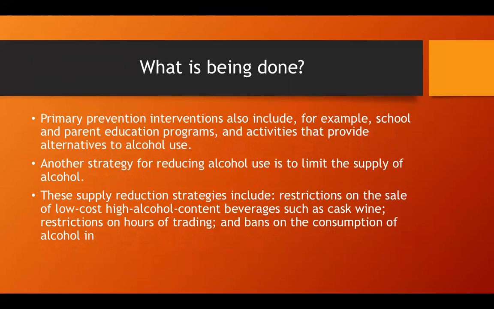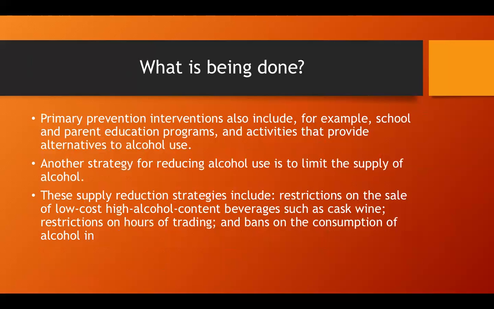So primary prevention is something taught in PDHPE. Interventions also include, for example, school and parent education programs. So that's what I was highlighting earlier in my presentation. As a PE teacher, we have a responsibility to educate our students about alcohol, tobacco, and drug use.